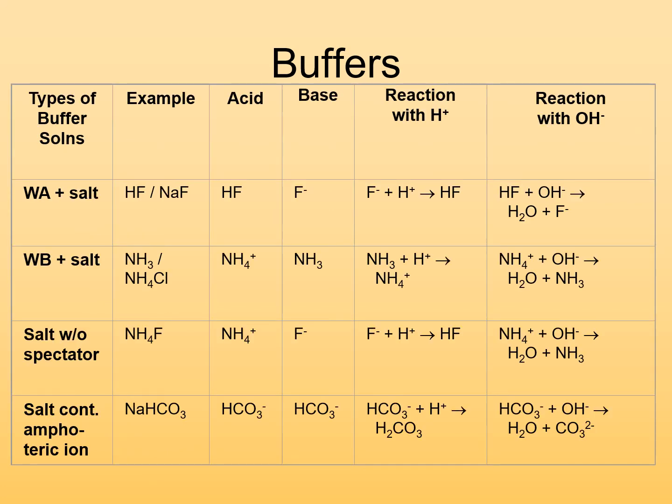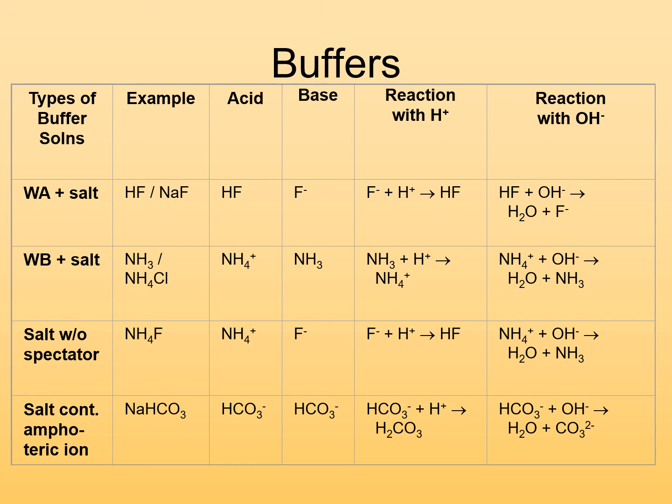So here's a chart that has a little bit of everything listed together. We have the types of buffer solutions. We already went over a weak acid with its conjugate base in that first column. We went over how it reacts with hydrogen and how it reacts with hydroxide. Yet again, both of them are going to produce water. We have a weak base and its conjugate salt.